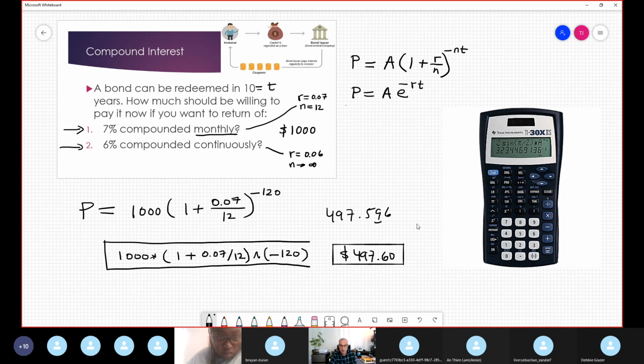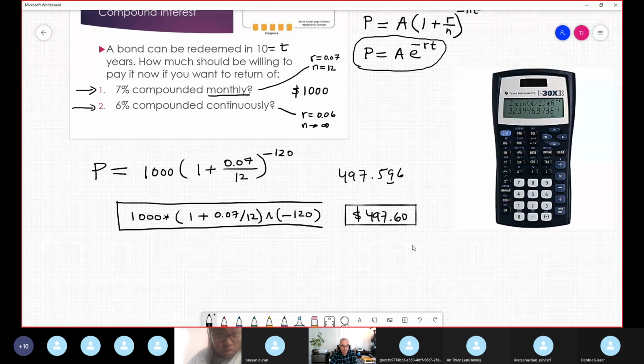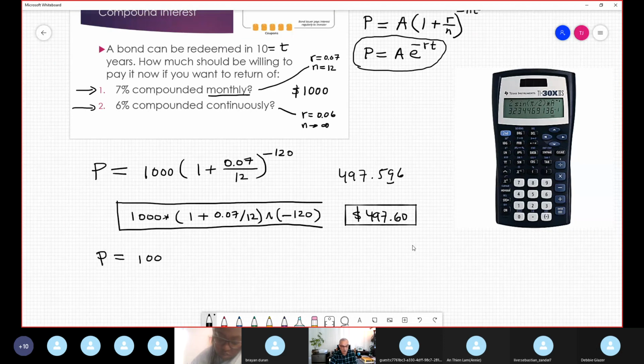We use the second formula. Using that formula, the present value for the bond is 1,000 again, multiplication, e.